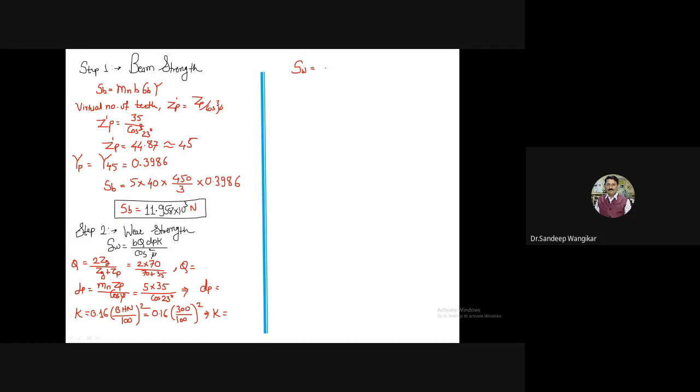If you calculate all the values, then I can easily say SW is equal to divided by cos square 23 degree. You will get answer in Newton. Calculate all this.